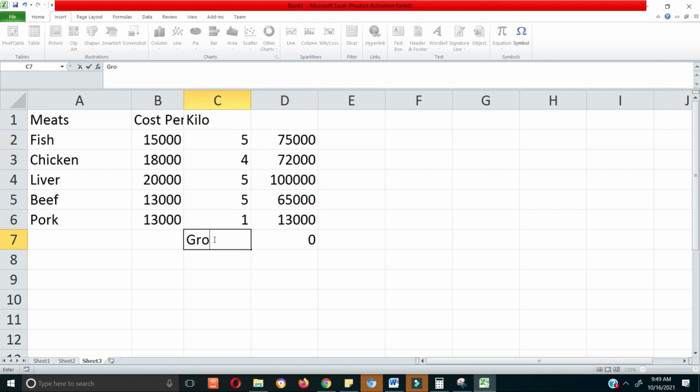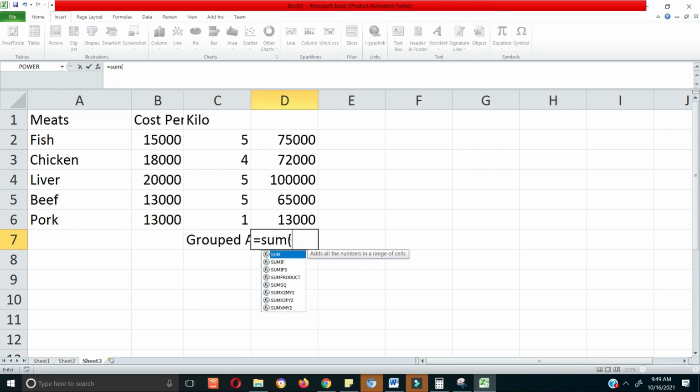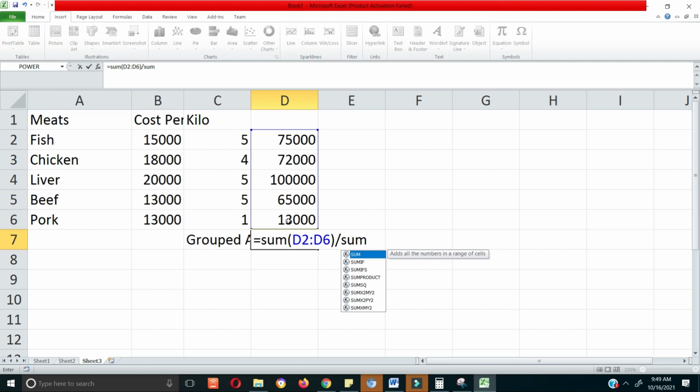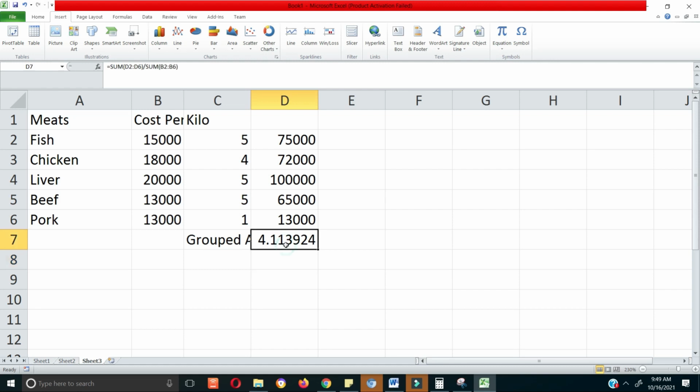The grouped average is going to be the sum of that divided by the sum of the weights, which in this case are costs per different types of meat. So this is the grouped average.